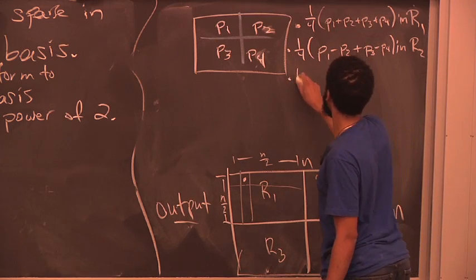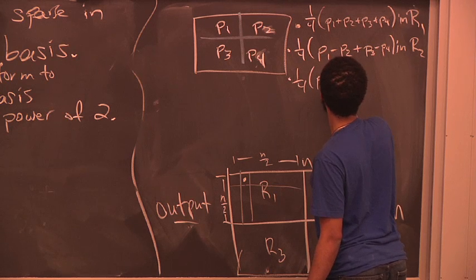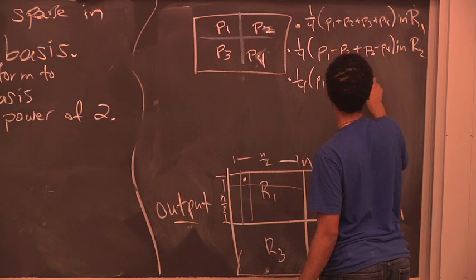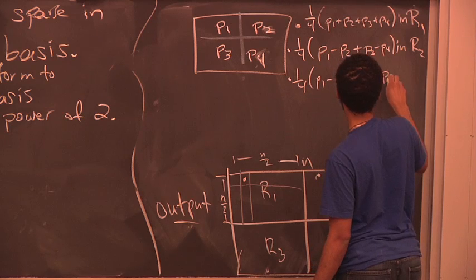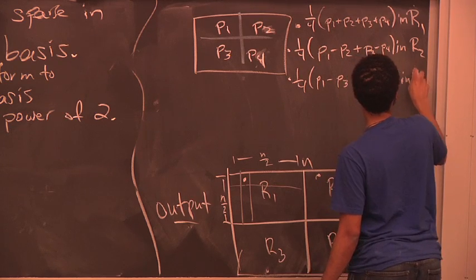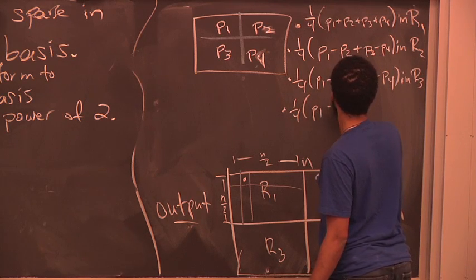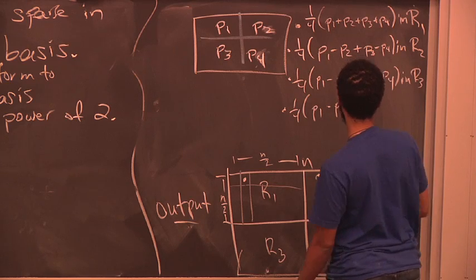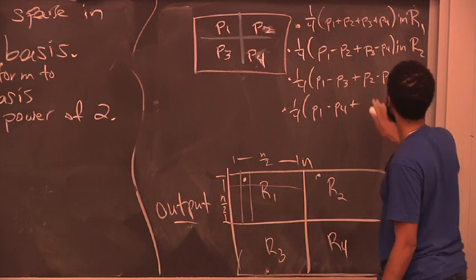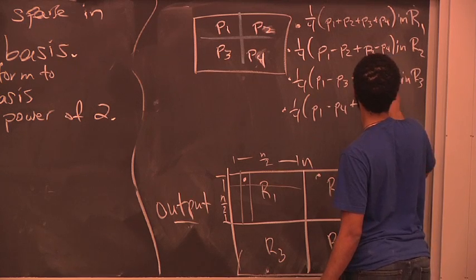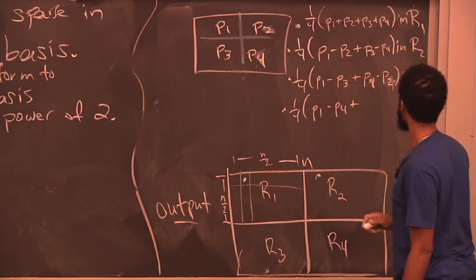I'm going to put 1/4 (P1 minus P3 plus P2 minus P4) in R3. And I'm going to put 1/4 (P1 minus P4 plus P4 minus P2) in the last one.